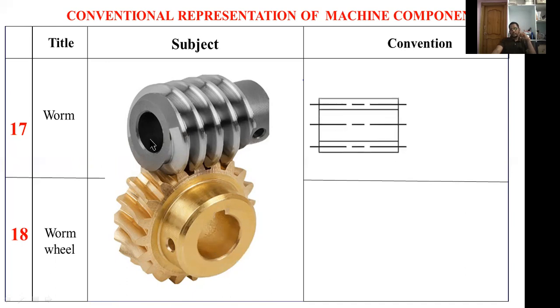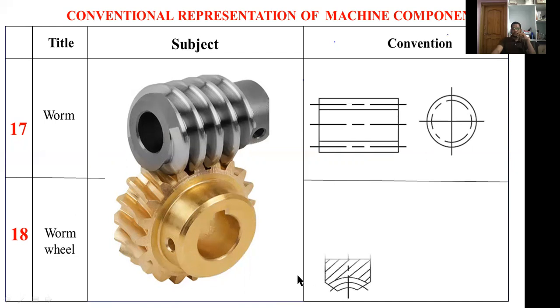For this worm, you just have to draw a shaft. Then this line and this line represent the depth of the thread. This worm shaft contains threads, so the depth of the thread is indicated by this line. This is the side view of the worm.